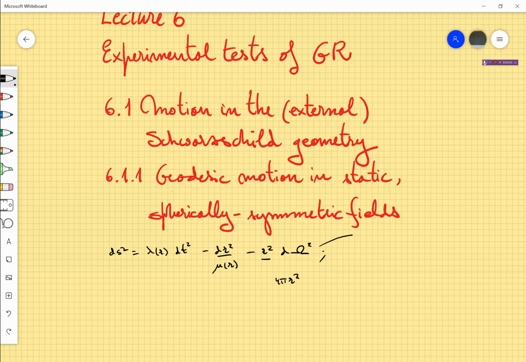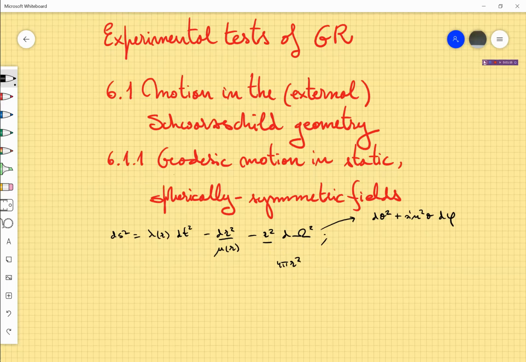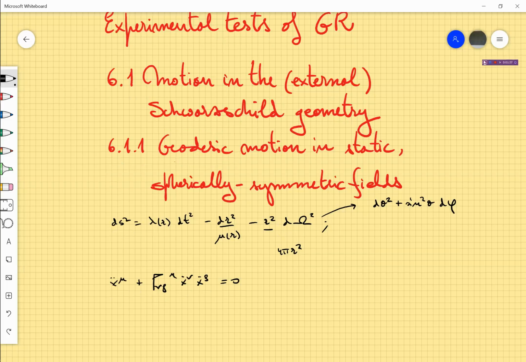Okay, remember that this is the metric of the round 2-sphere of unit radius and depends on the coordinates theta and phi in this way. So, if we are going to study geodesic motion, we have to write the geodesic equations, and the geodesic equations are given in terms of the Christoffel symbols. We can take the formula and just substitute the Christoffel symbols if we compute them.